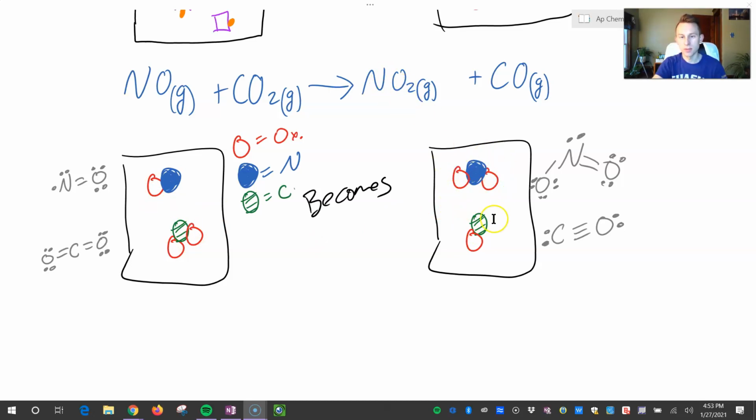So NO2 would be this first one, and CO would be the second one. So the question is, through what mechanism, how do they actually go from being what's on the left to being on the right? And so again, I want you to think about that. I also included the Lewis structures off to the side, though that's not super important, but maybe that's better for you to visualize than just a particle diagram.